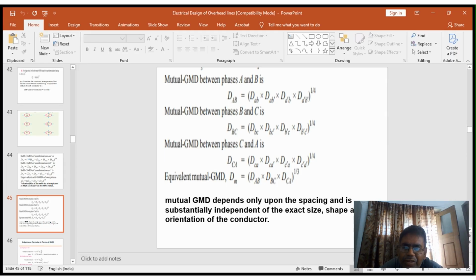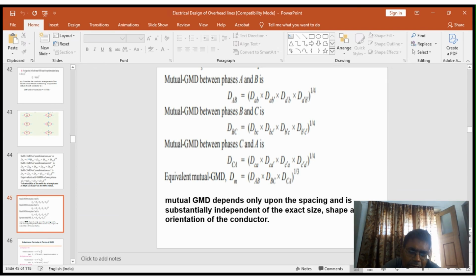Mutual GMD between phases B and C: DBC is equal to DBC into DBC dash into DB dash C into DB dash C dash whole power 1 by 4. Mutual GMD between phases C and A is equal to DCA, DCA dash, DC dash A and DC dash A dash whole power 1 by 4. Equivalent mutual GMD Dm is equal to DAB into DBC into DCA whole power 1 by 3.